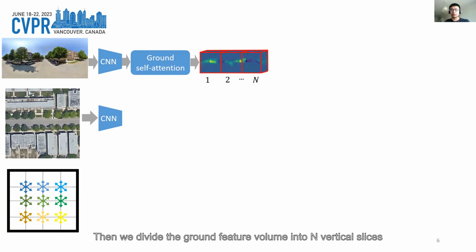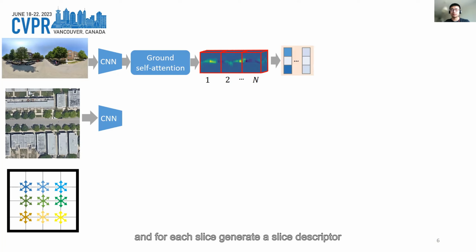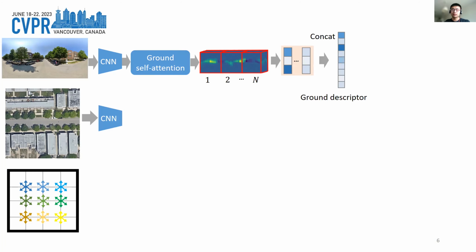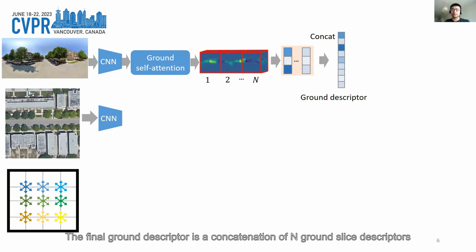Then we divide the ground feature volume into n vertical slices, and for each slice, generate a slice descriptor. Each ground slice descriptor describes the scene in each of the n viewing directions within the ground camera's field of view. The final ground descriptor is a concatenation of n ground slice descriptors.